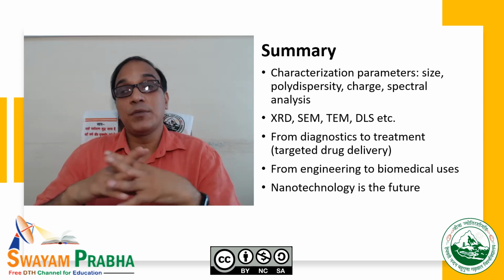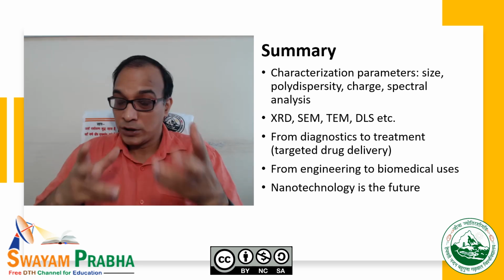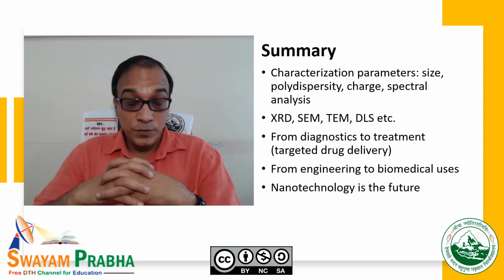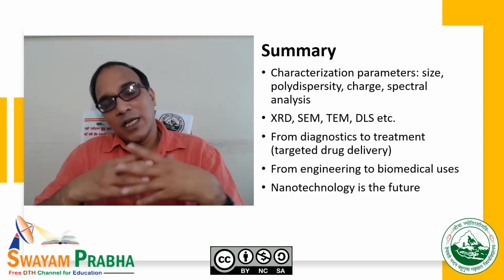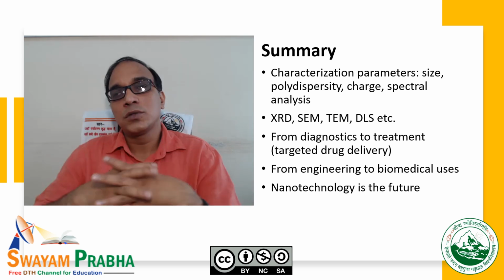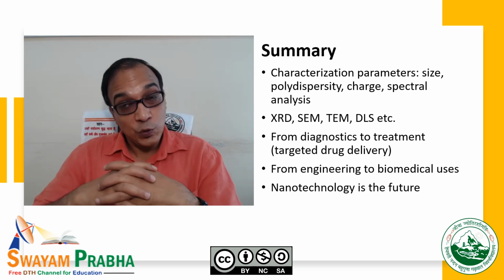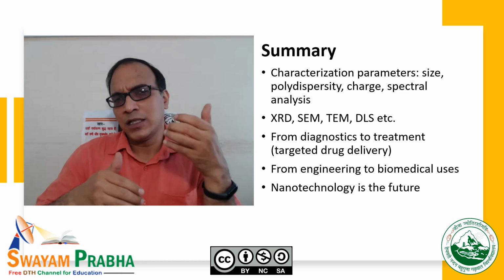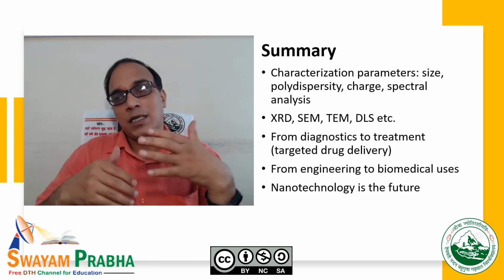Surface modification can be done for specific targeting of the nanoparticle to target organs or tumors. And as far as other examples are concerned, from engineering to textile to biomedical, there are enormous uses and applications. Even in the aviation industries, it is being used. So we can have a list of applications in different fields and learn them.